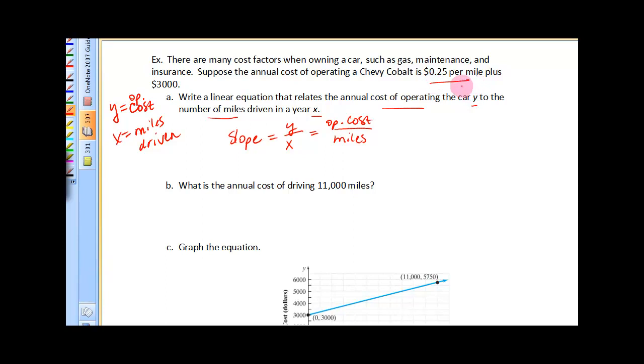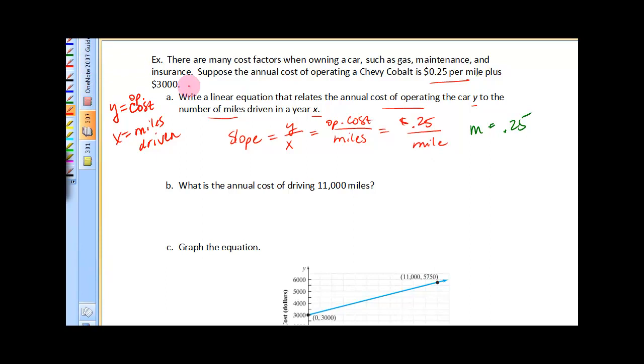We don't think of this very often, but when they gave us 25 cents per mile, they said 25 cents per 1 mile. They gave us the slope right there. Okay, so the slope, in other words, slope is 0.25.